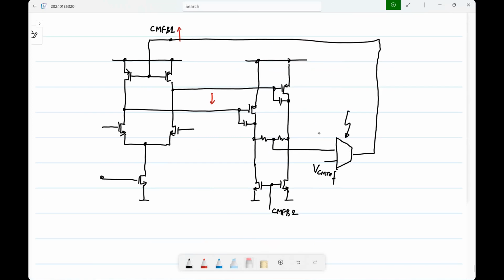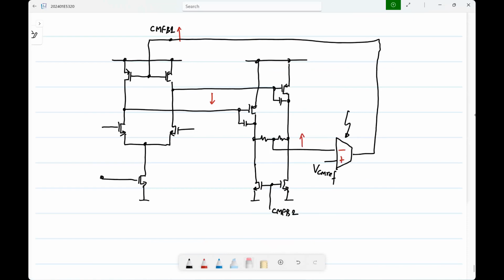The upper one, will it be plus or minus? You look at when CMFB1 increases, what happens to the output common mode voltage? It increases. So, which way should it be so that this is negative feedback? So, we should have minus and plus. So, that you have to determine every time. If you fed back to CMFB2, it would be the other way around.